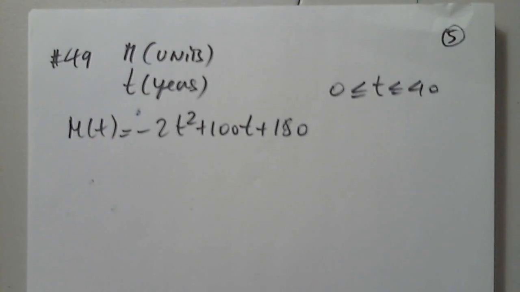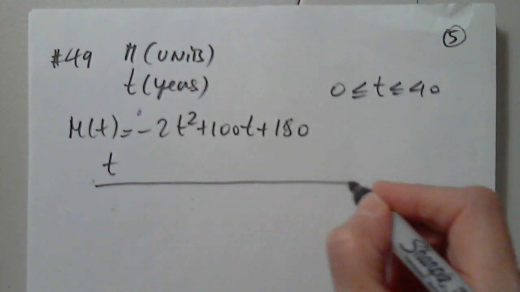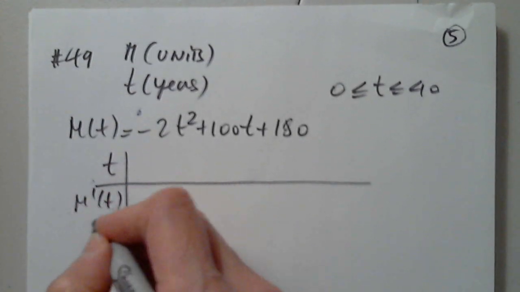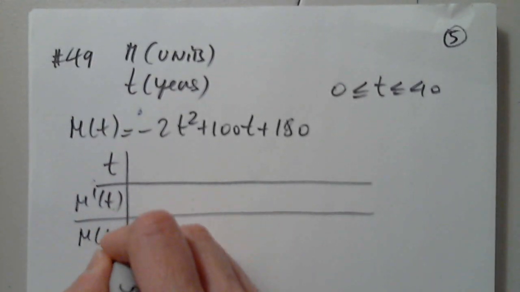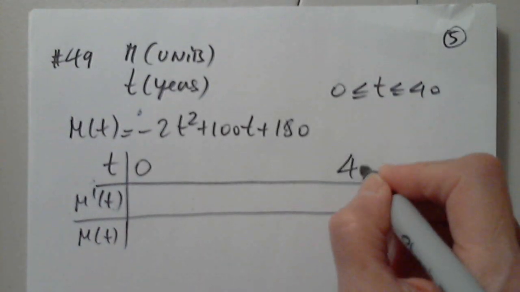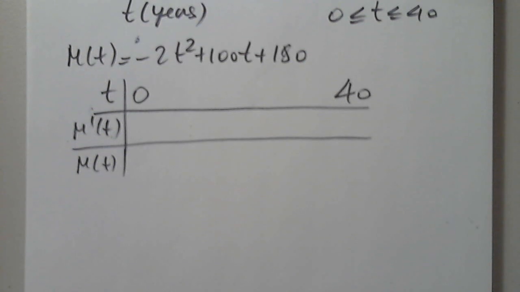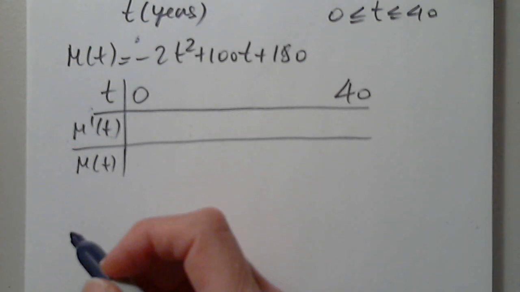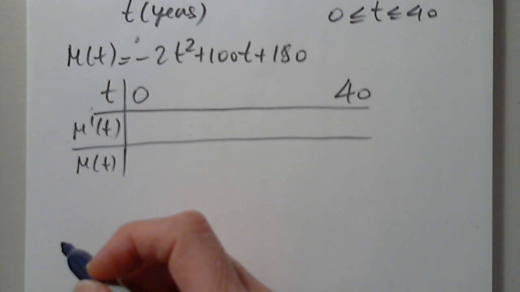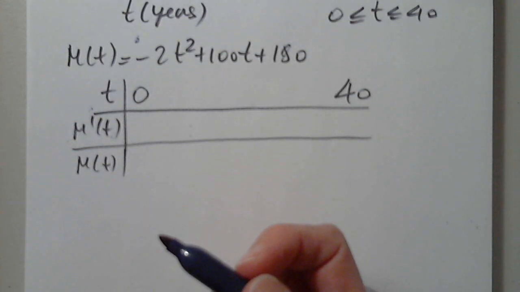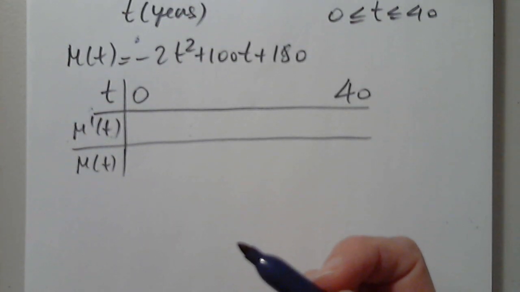How do I start? What do I have to find first? Anyone? Critical numbers. Yes. How do I find critical numbers? What do I need to determine first to find the critical numbers?